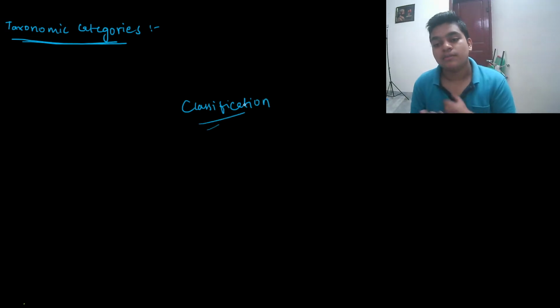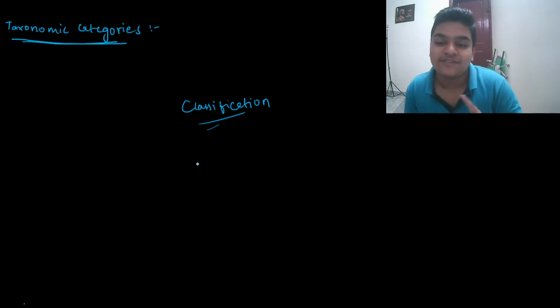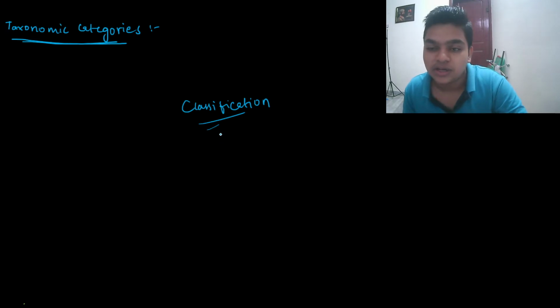Now, as we are moving towards classification, we have classified organisms based on their similarities and dissimilarities in their structure, in their role in the environment. So we have lots of bases of classification. The thing is, we have classified organisms in taxonomy based on similarities and dissimilarities.